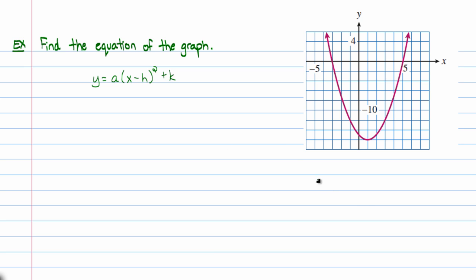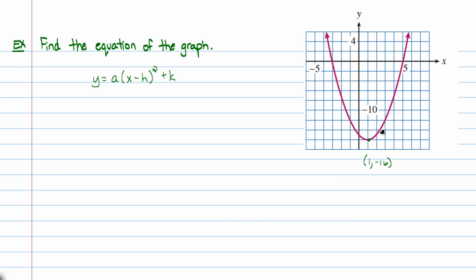If you look at this, the vertex at least appears to me to be at x equals 1, y equals, let's see, that's negative 10. So that must be negative 12, negative 14, negative 16. These must go by 2's. Okay. So I see that my vertex is at 1 comma negative 16, and then I could kind of eyeball another point on this graph.